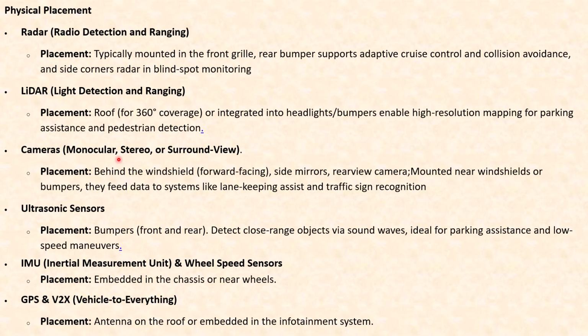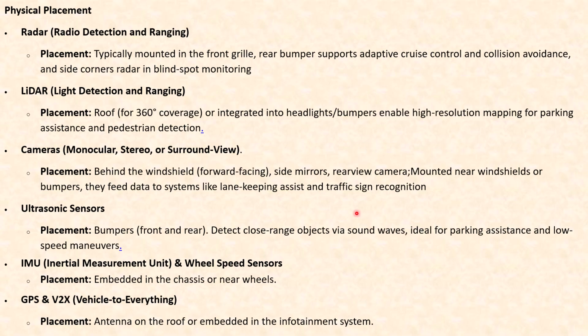Next comes cameras. Cameras are of various types, as I explained: monocular, stereo and surround view. Behind the windshield, forward facing, side mirrors, rear view camera mounted near windshields or bumpers, they feed data to systems like lane keeping assist or traffic sign recognition. I explained this placement of the various types of cameras during the ADAS functionalities.